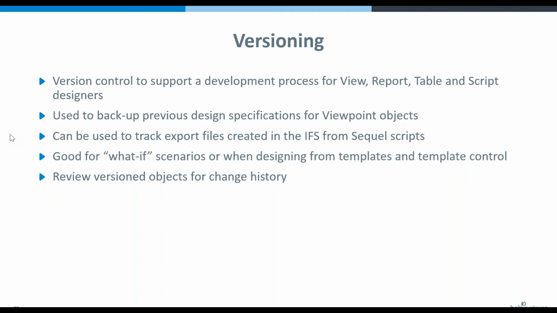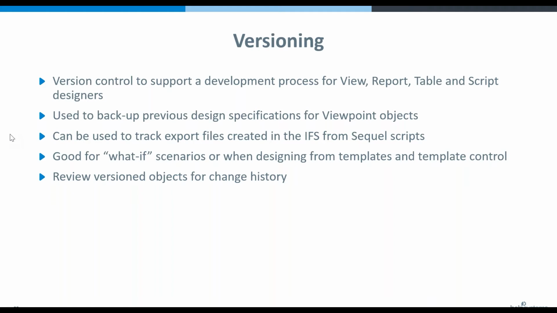Export files are usually created as SQL script objects, and we commonly use the execute command to create these export files. These files are exported as PDF reports, Excel spreadsheets, and as you've seen, even ASCII text files like with CSV delimitations or pipe delimiters, commonly used for EDI transactions.